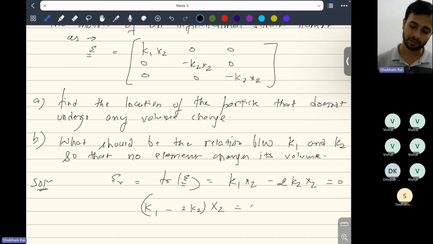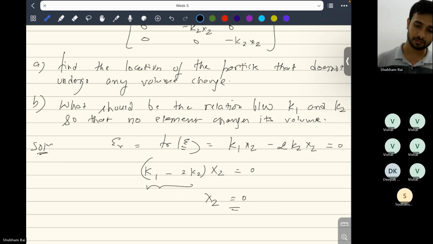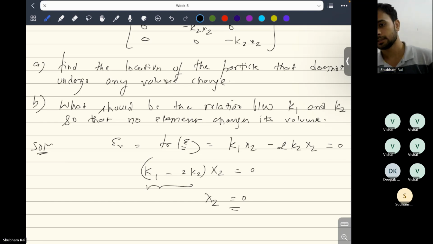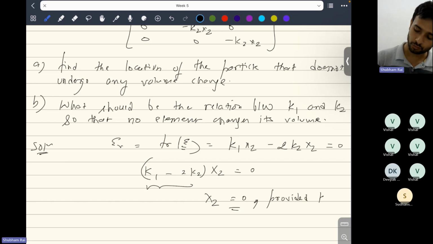So for the first part, you have to find the location of the particle that does not undergo any volume change. Let's say K1 is not equal to 2K2, so x2 will be 0. So the location will be x2 equal to 0. At all the locations where x2 is 0, the particle will not undergo any volumetric change, provided K1 is not equal to 2K2.